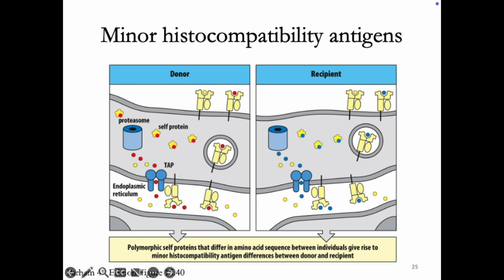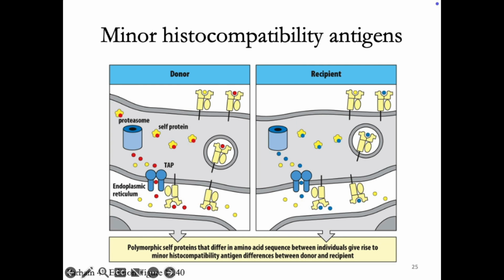And so what you can see here is we have our donor. Our donor has the little flower self-protein. And in the donor, the flower self-protein has a red dot on it. In the recipient, that has a blue dot on it. That might be because of whatever kind of mutation happened between these two individuals. Blue eyes, green eyes, like whatever. Any genetic change you can imagine between two individuals. This is red dot versus blue dot.